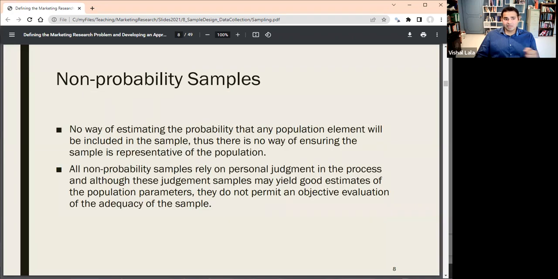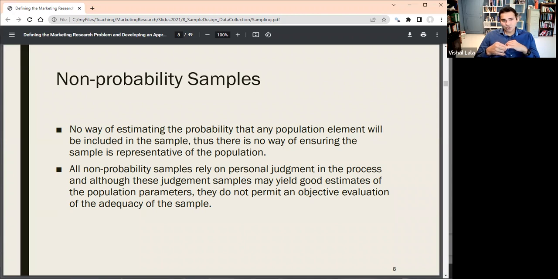In a non-probability sampling technique, the sample is drawn using personal judgment. And for this reason, because we're using personal judgment, there's no way of estimating the probability that any population element will be included in the sample.